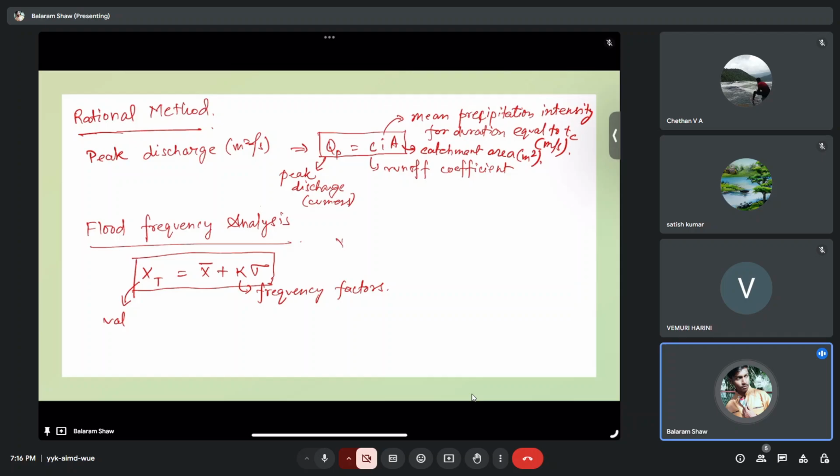So just to revise, remember, if we draw a normal distribution, it will be a bell-shaped curve. The y-axis denotes the probability, and the x-axis the magnitude of the event.